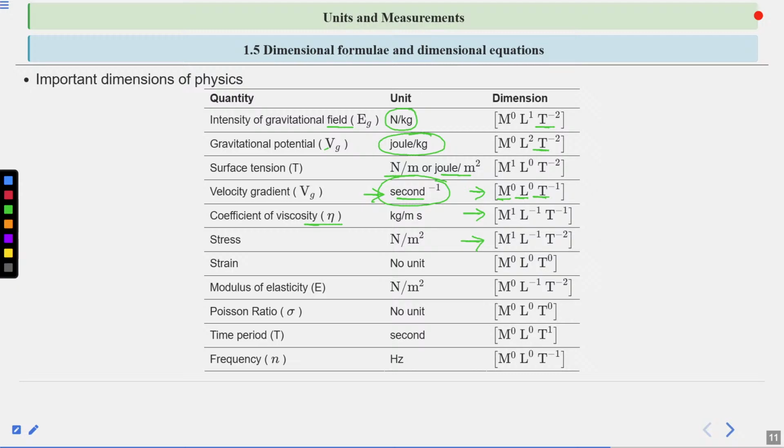Strain. The unit of strain is what? No unit. It means strain is a dimensionless quantity. So M0, L0 and T0. Clear?